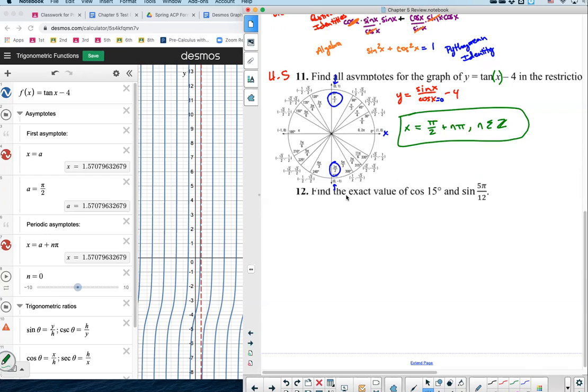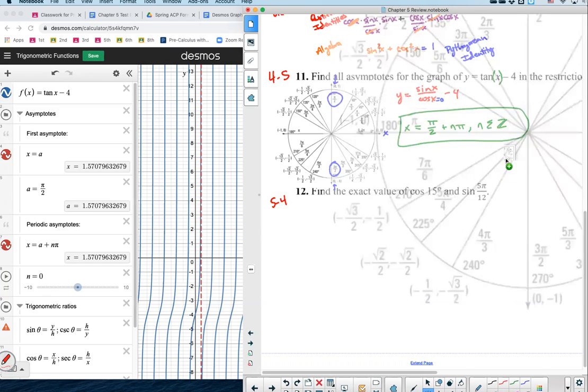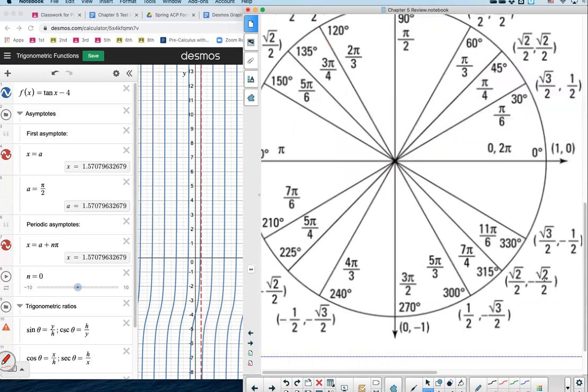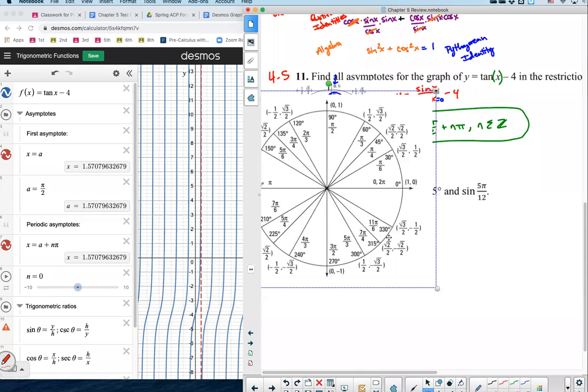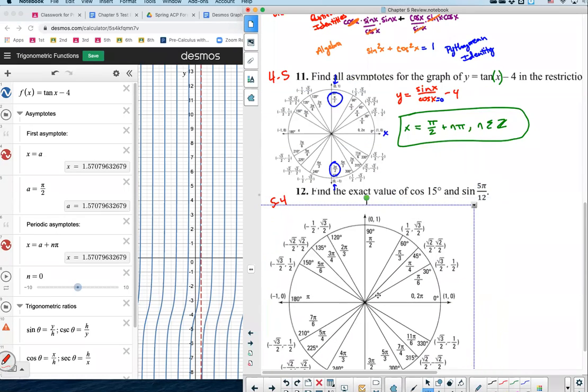Number 12. It says find the exact value of cosine 15 degrees and sine 5 pi over 12. This also would be lesson 5.4, not to be confused with lesson 4.5 right here. This would be sum and difference identities. We have a unit circle, but unfortunately 15 degrees and 5 pi over 12 are not located on it.